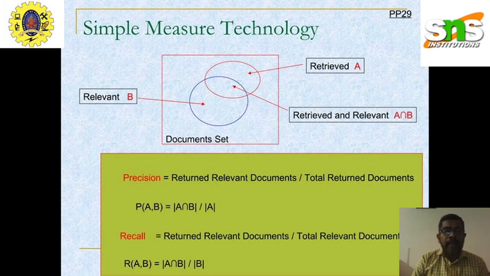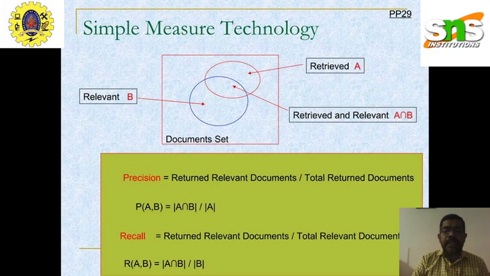Normally, when we calculate precision, the formula states: returned relevant documents divided by total returned documents. Simply, for understandability, the precision of A comma B means the precision of retrieved comma relevant.